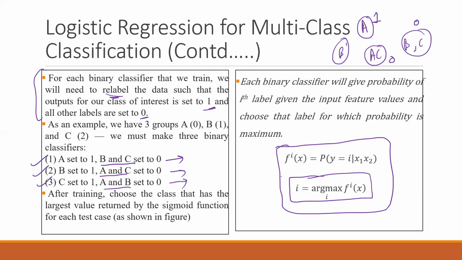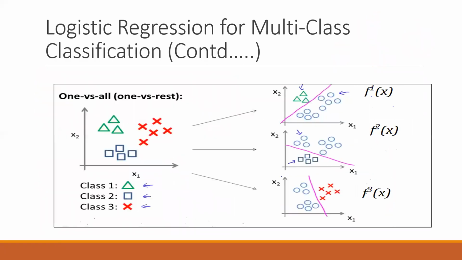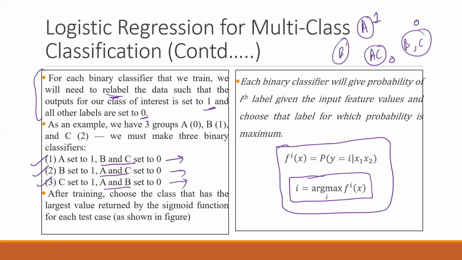Everything that I have discussed is already here: this one is 1, others are 0. So this kind of classification can be done. Mainly, each binary classifier will give the probability of the ith label given the input feature values, and we choose that label for which the probability is maximum.